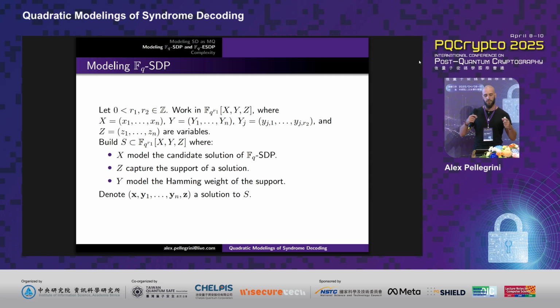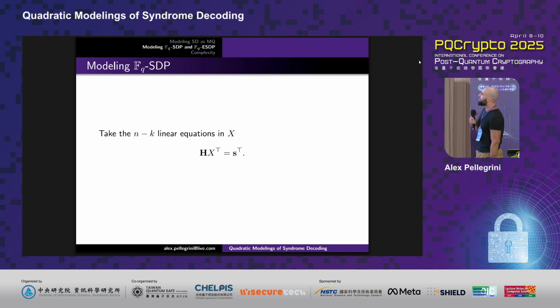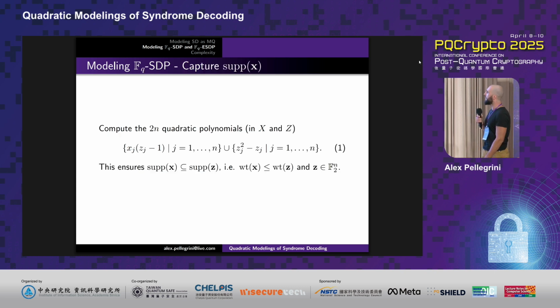And then we are modeling the Hamming weight of this solution by bounding the Hamming weight of the support, okay? So if we denote X, Y, and Y1 until Yn and Z a solution of S, this is what happens to the system. First we take the n minus k linear equations in X given by the parity check matrix and the syndrome, exactly the same as before.